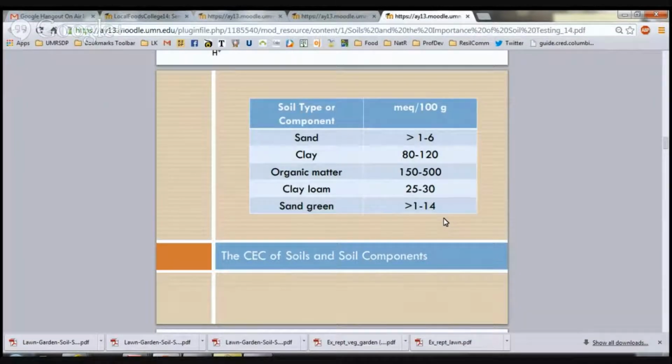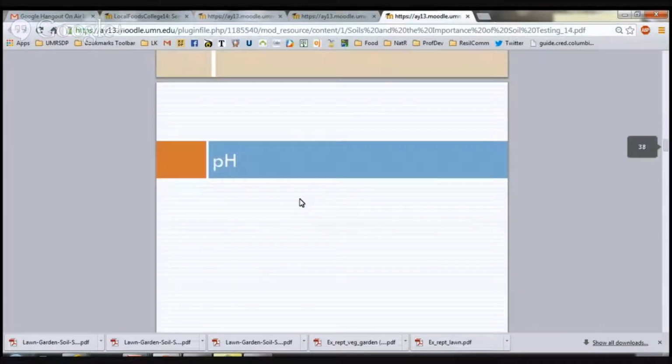If you have that type of soil texture, then you're going to want to apply nutrients to the soil, right? Because it's not going to have a very high CEC. Clay and organic matter, huge numbers, right? And so based on what kind of texture you have in your garden or your lawn, you may need to adjust your fertility management plan.